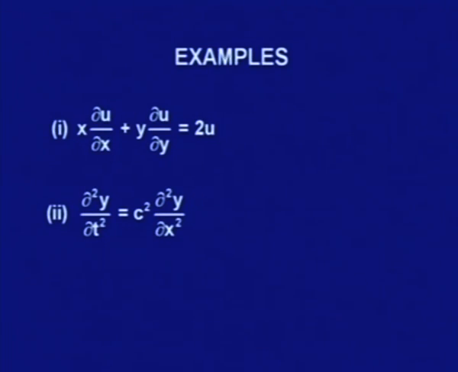Here in the first example, u is a function of two variables x and y and the equation involves partial derivatives with respect to x and y. While in the second equation, y is the unknown function and this function is of two variables t and x and it involves the second order partial derivative with respect to these independent variables.